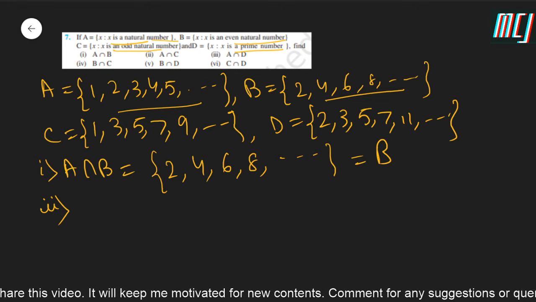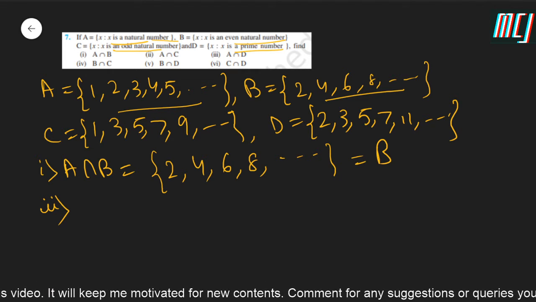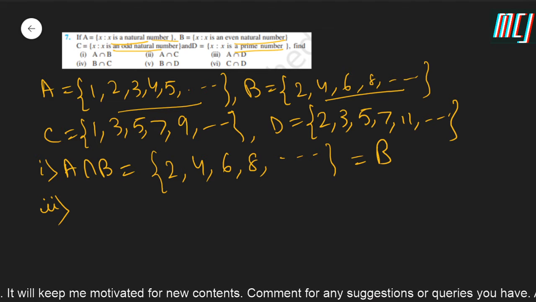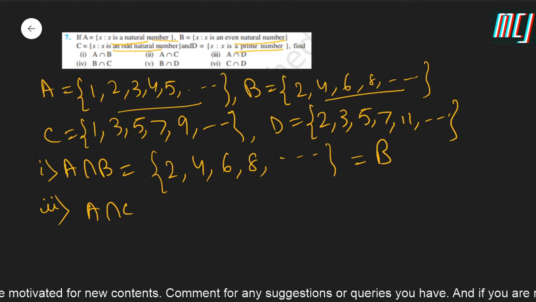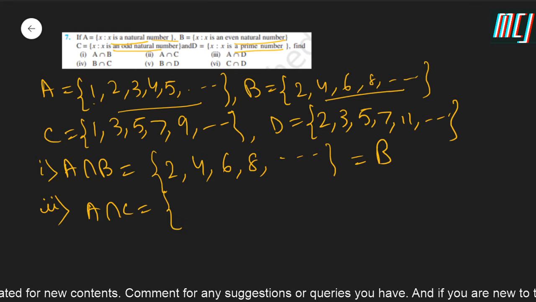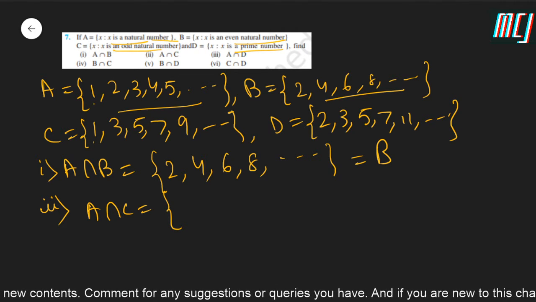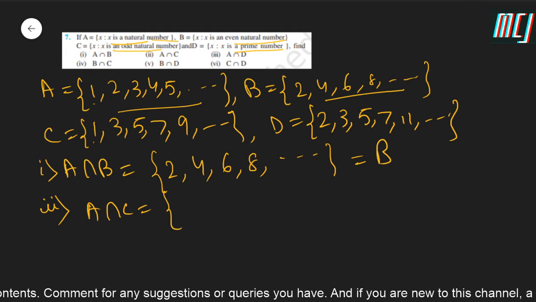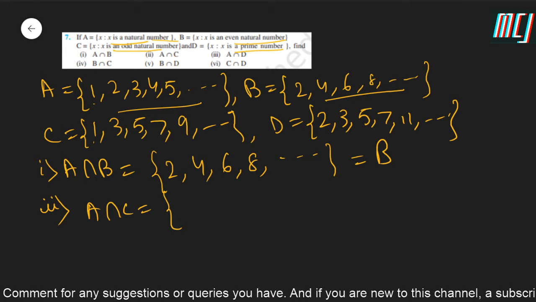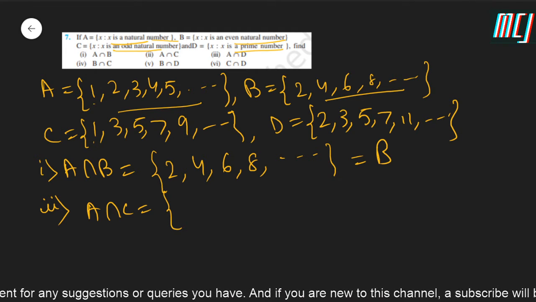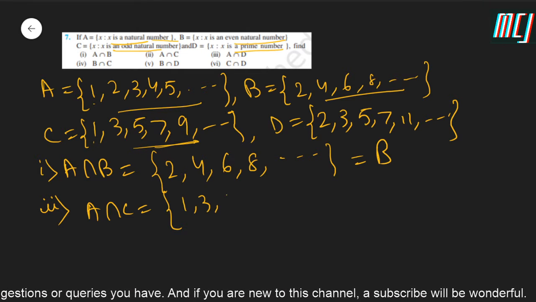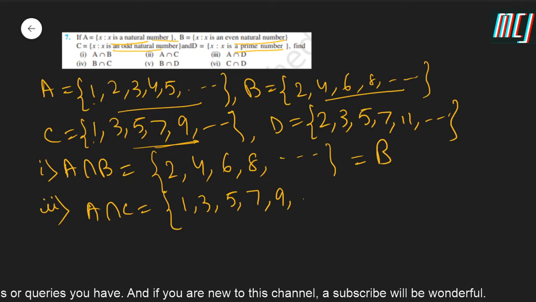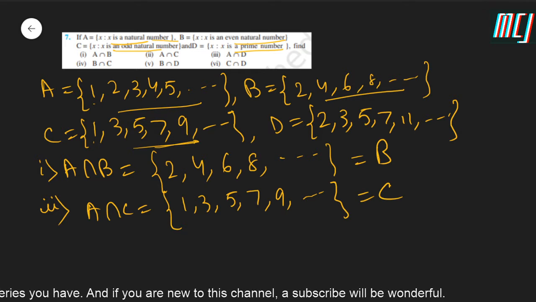Because B is the subset of A. So A intersection B equals B. Now the second one, A intersection C. So here also same thing. C is a subset of A. So A intersection C will become C only, as only the odd numbers will be common. That means 1, 3, 5, 7, 9 and so on. So this is equal to C.